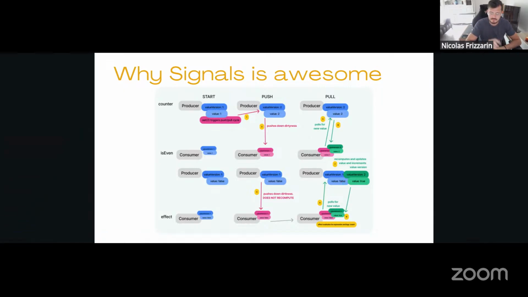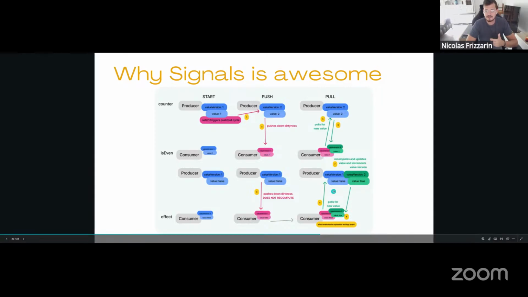Right. Now, imagine we do exactly the same, but instead of setting 2, we set 4. So now the value version becomes 3, and the value is 4, right? We enter the push and pull cycle. We push down dirtiness, so isEven will be dirty, and the effect also.